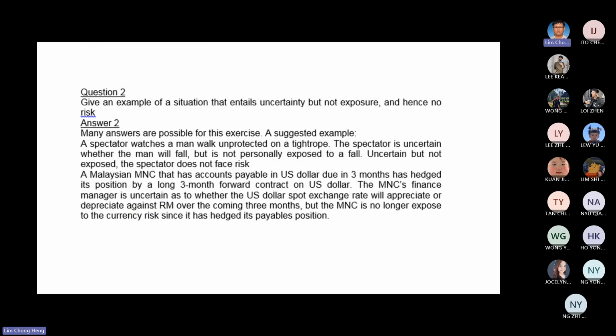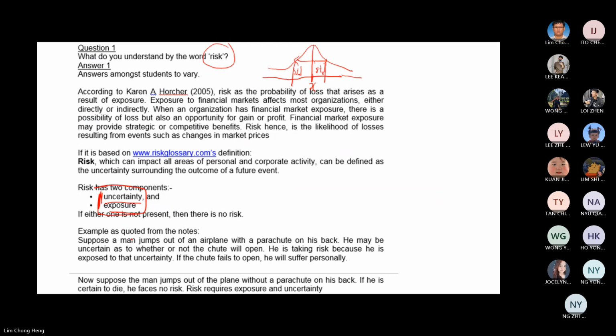Okay, an example from the lecture slide. A man jumps out from an airplane with a parachute. This man has the exposure, and he also has the uncertainty, because it is uncertain whether the parachute can open or not.